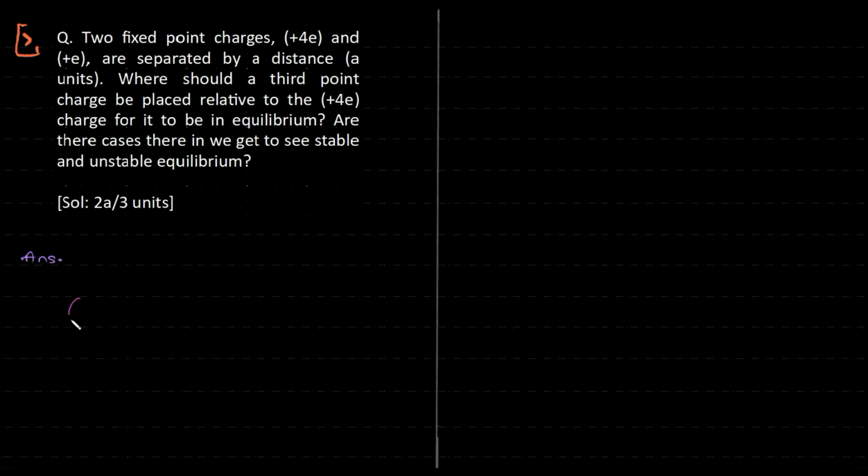So first things first, I would like to draw a diagram. So we have the charges. This is 4e and this is e. If I consider this as the origin, the other charge is a units away.